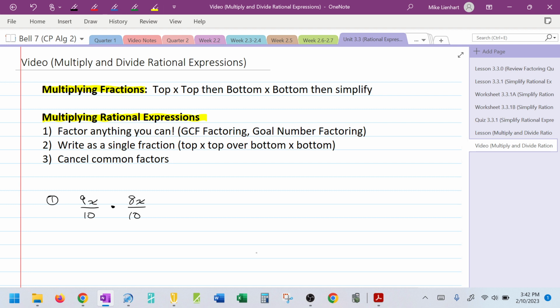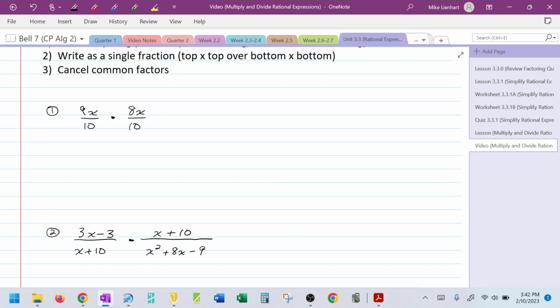So if I take this first example, 9x over 10 times 8x over 10, I'm going to rewrite this as 72x squared over 10 times 10, which will be 100. Now I look at these two terms and I recognize, oh wait, 72 and 100 both have some common factors.